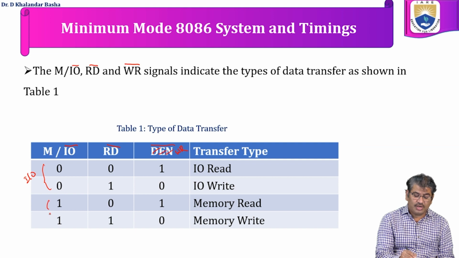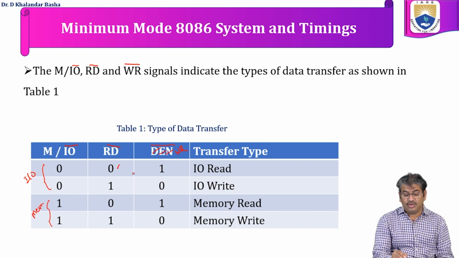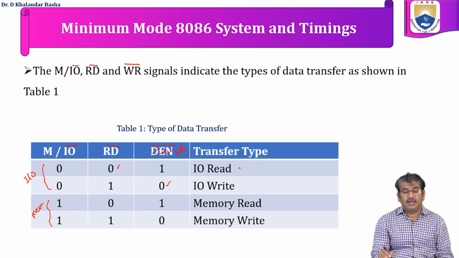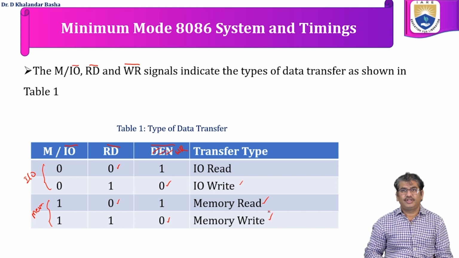When M/IO bar is 1, it corresponds to memory operations. Read 0 is memory read, write 0 is memory write. Read bar equivalent to 0 means read operation. Write bar equivalent to 0 means write operation.